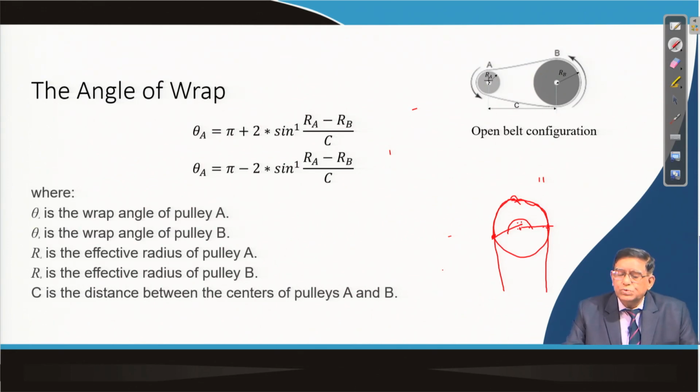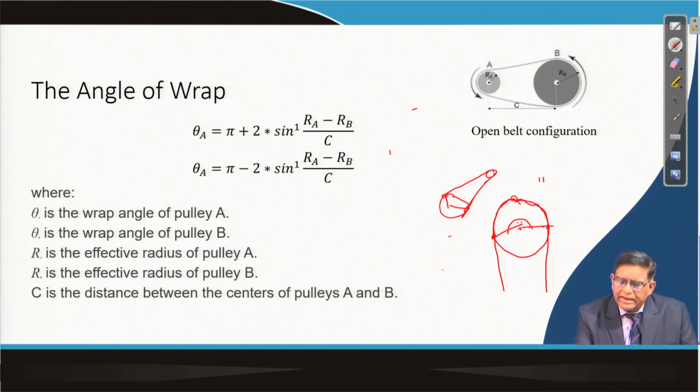For two pulleys, here is a smaller pulley A and this is a bigger pulley B, and their angles of wrap can be calculated by these equations you can see here. The difference is that here it is a little less, and here the angle of wrap has increased, because when the belt goes from the bigger one to the smaller one, it is leaving at this area.